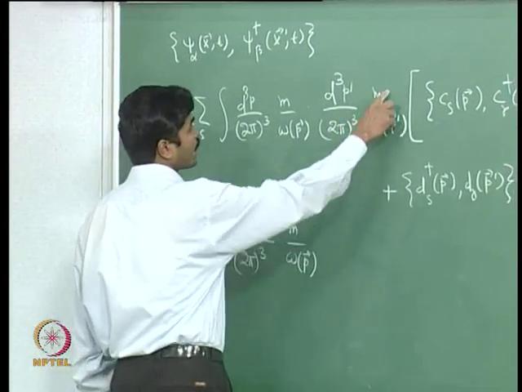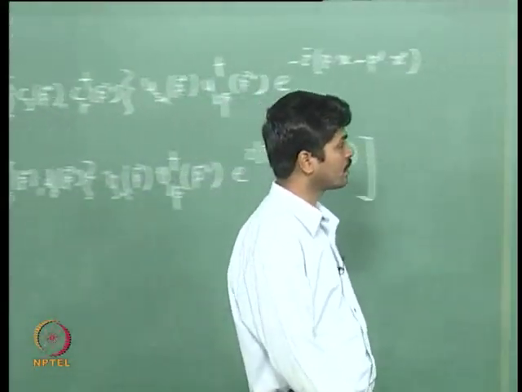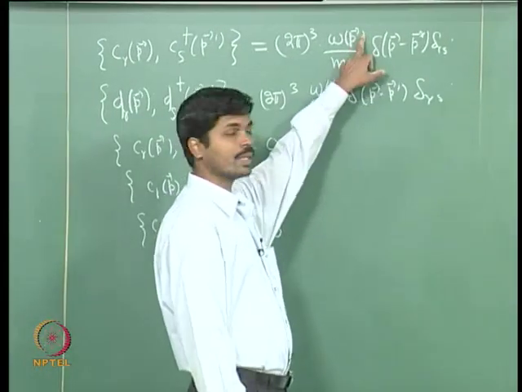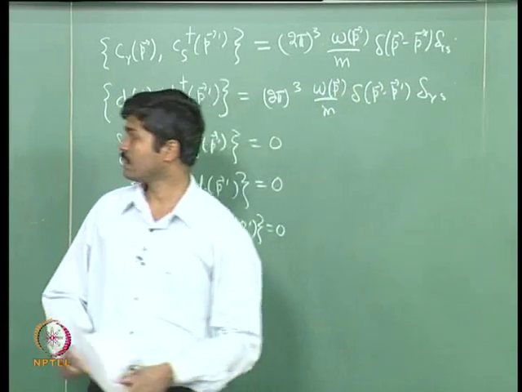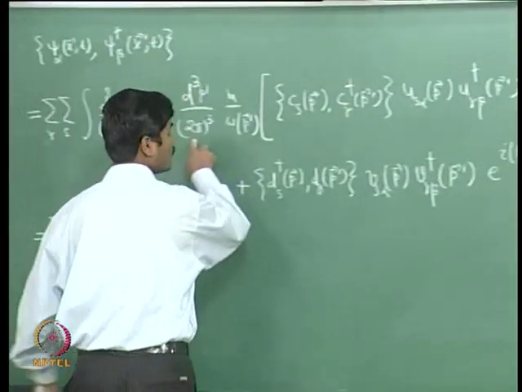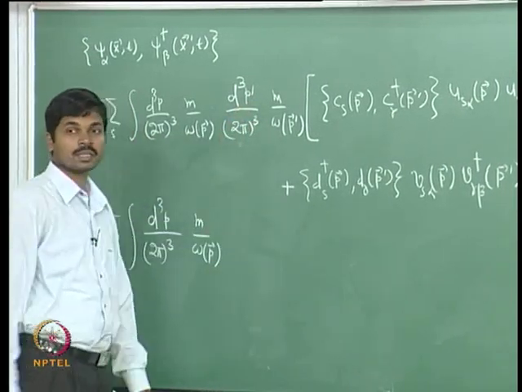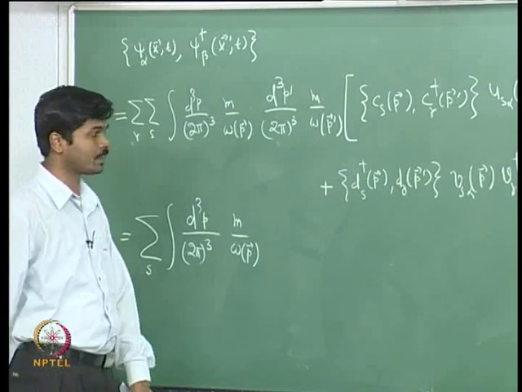This m over omega p prime will cancel this normalization omega over m, and this 2 pi cubed will again cancel, as I am carrying out this d3p prime integration. So, the Dirac delta will go away.